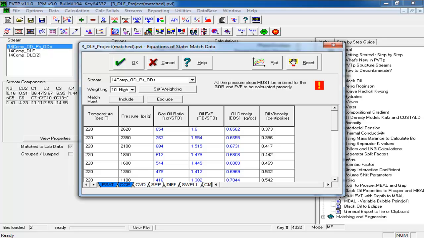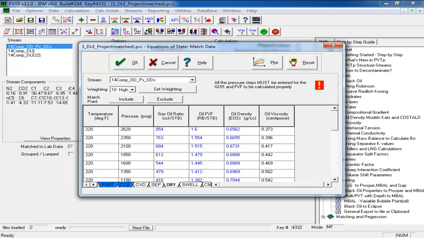You will use the equation of state to produce those values, and then you will compare them together, as we have done before with CCE and saturation pressure. Now, before I start tuning, before I do anything, I need to evaluate: can we simulate this data by equation of state?